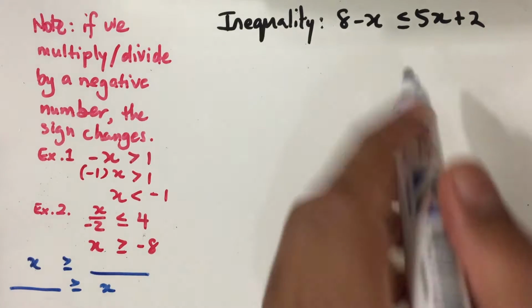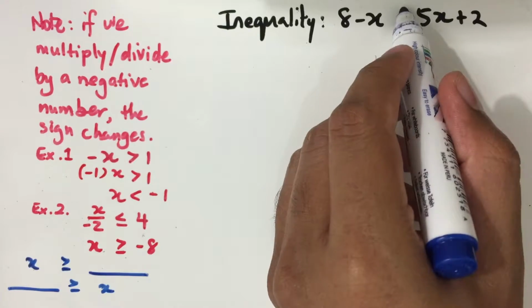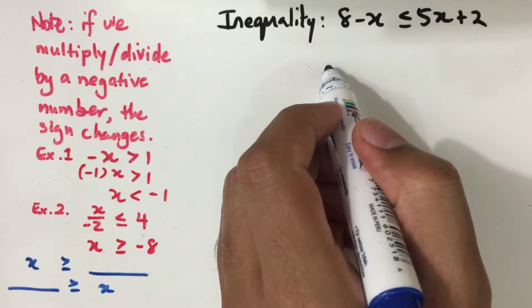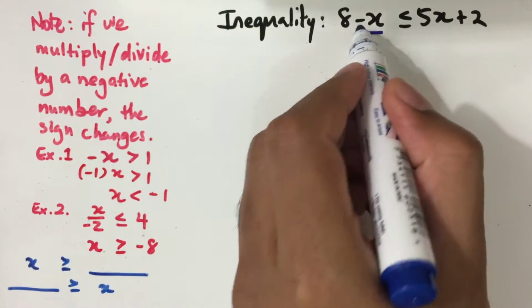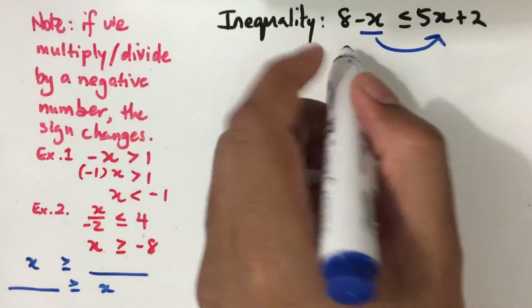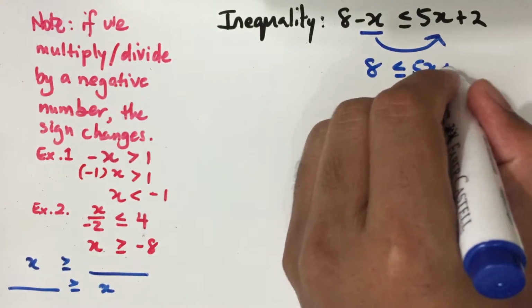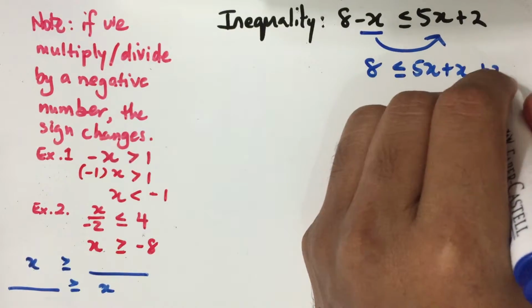Okay, so now let's put all the x's on the right-hand side of this inequality and everything else on the left-hand side. So look, we have minus x here, so the opposite of minus x would be positive x. So now we have 8 is less than or equal to 5x plus x, and now plus 2.